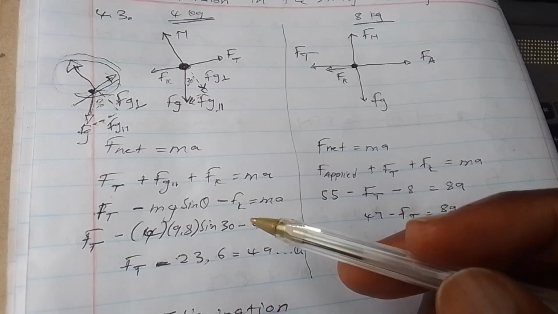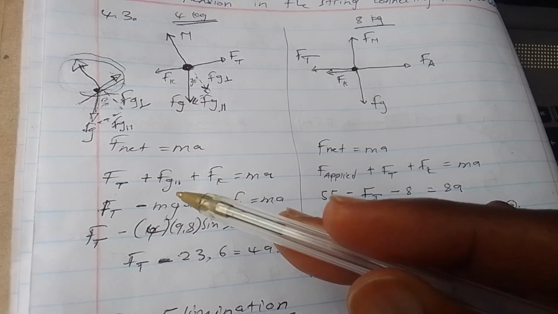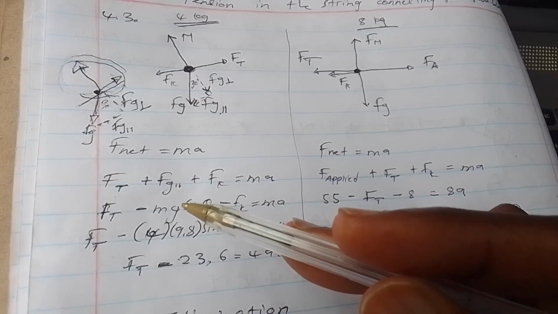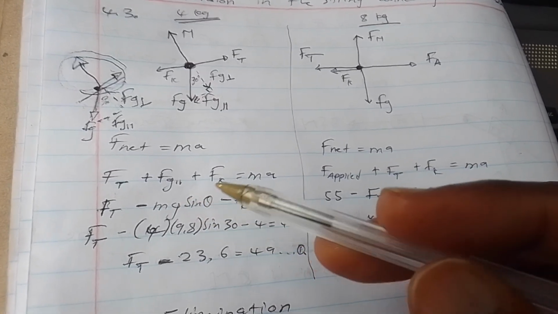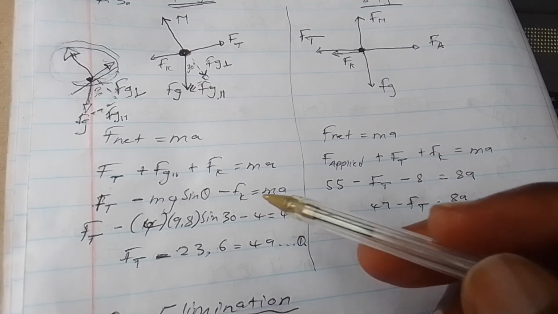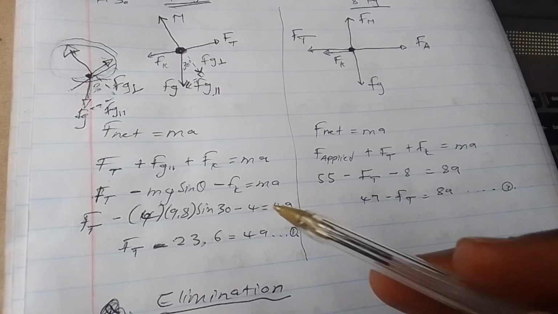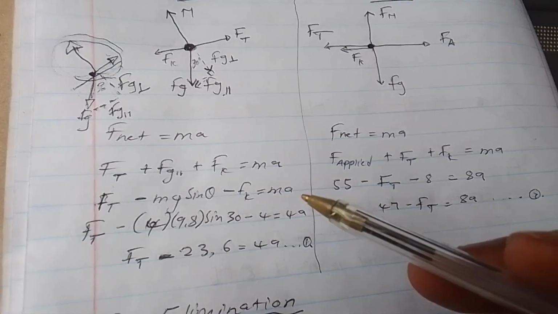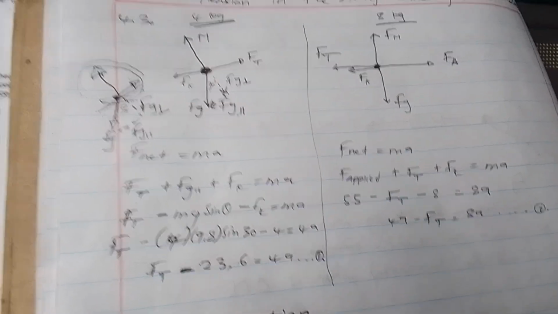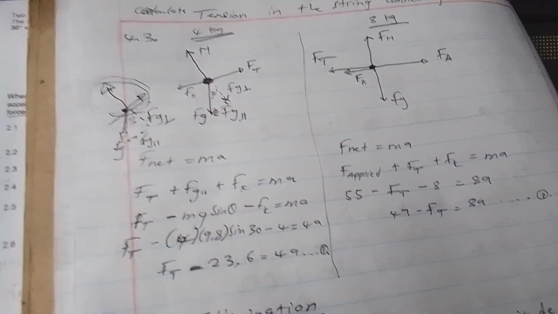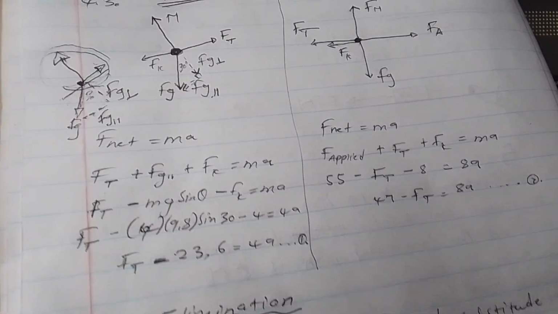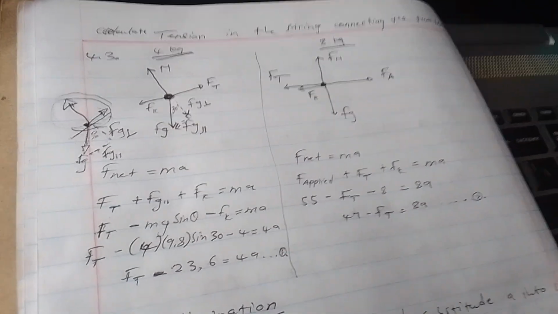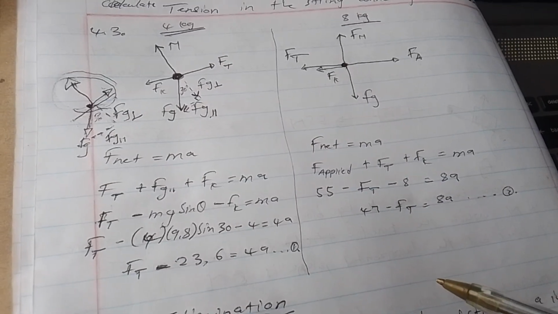So here's why we say that our FG parallel is negative. Now we're working on our horizontal forces. We are not using vertical forces, because here we're not yet looking for our normal force or whatever forces act perpendicular to the surface.